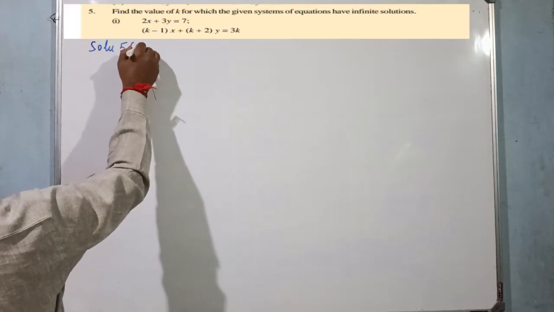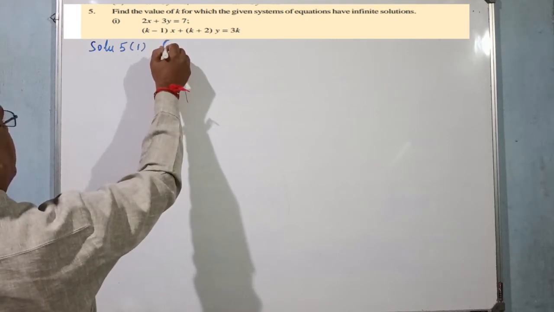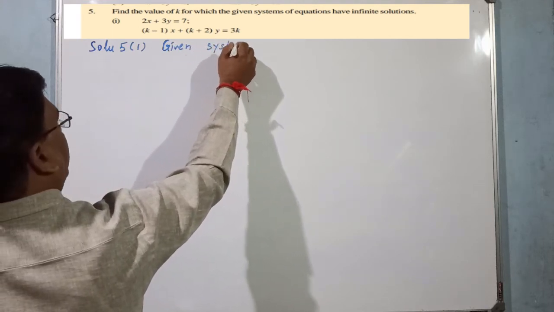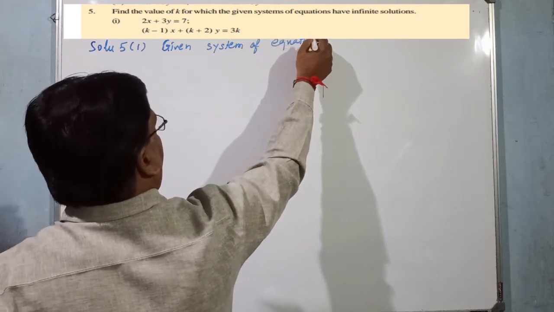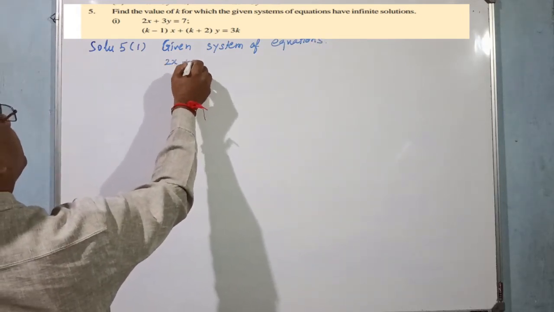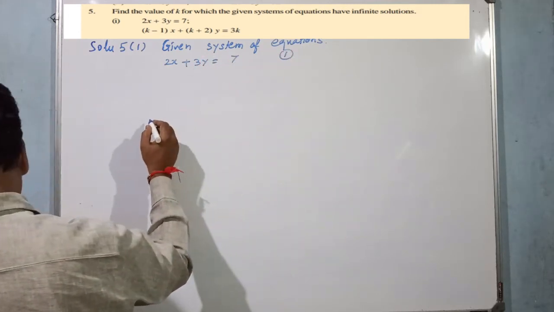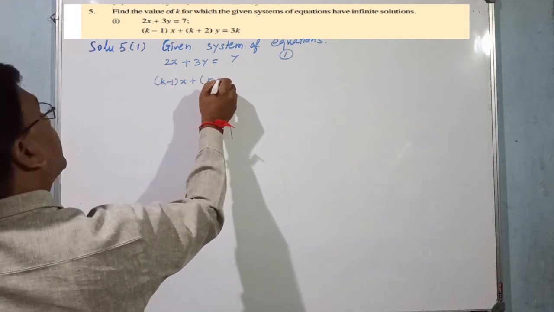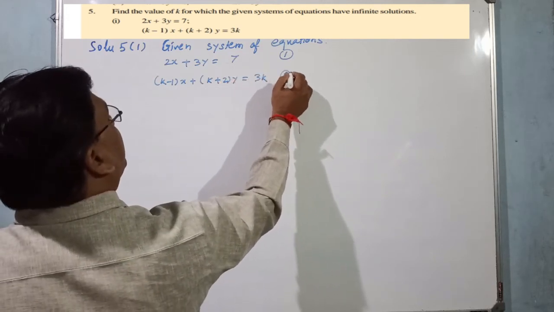Solution 5. First, given system of equations: 2x plus 3y is equal to 7, equation number 1. k minus 1 x plus k plus 2 y is equal to 3k, equation 2.